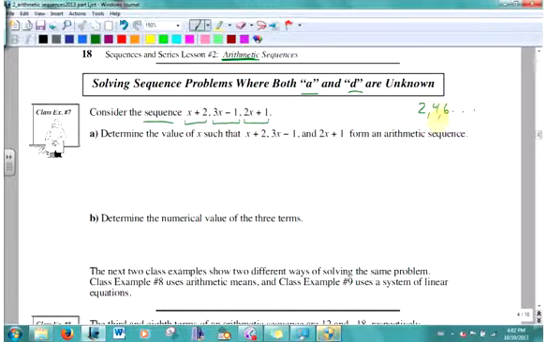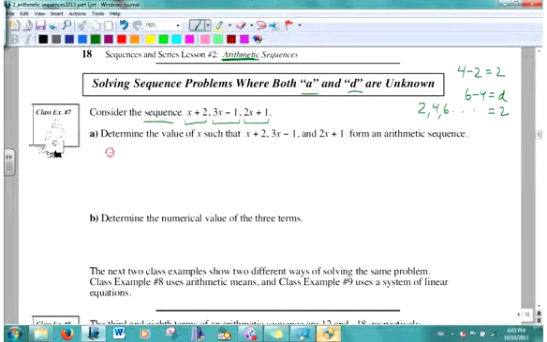Well, use this rule. 4 minus 2 is 2, right? So take a term, subtract the previous one, that's what D is going to be. 6 minus 4 is D. It's 2. Same principle.